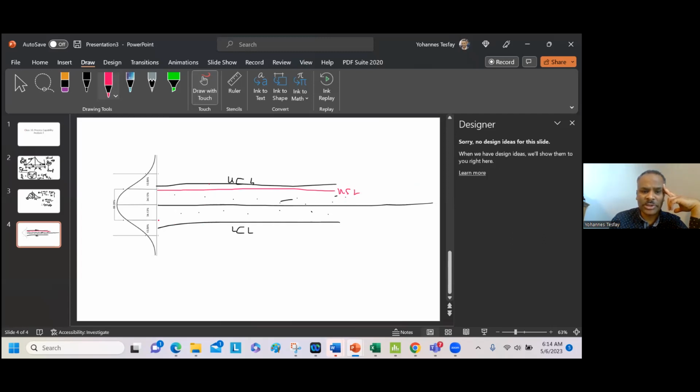Suppose this one is your lower specification limit, just like that. So how basically now? You see, every production on this, those are like what? Non-conformance nature.